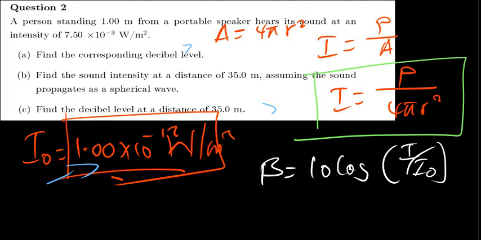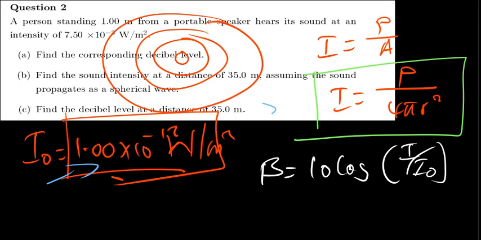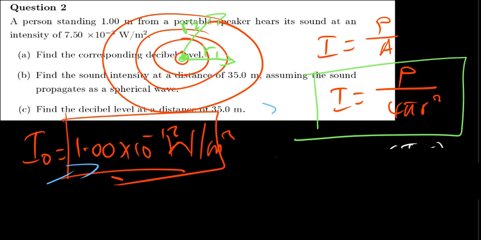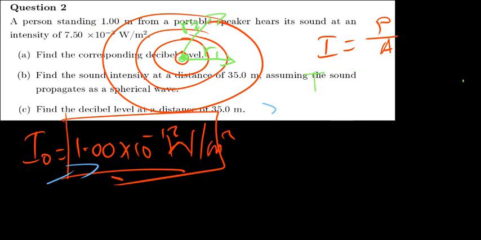Now, if this is my spherical wave propagating in that manner, we have the source, and from the source to this point I'll call it R1, then from the source to that point I'll call it R2. There is a ratio we have to be familiar with.